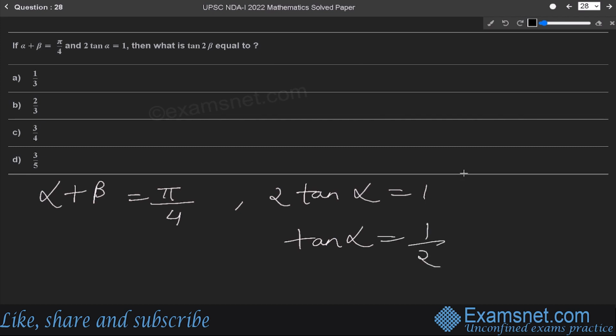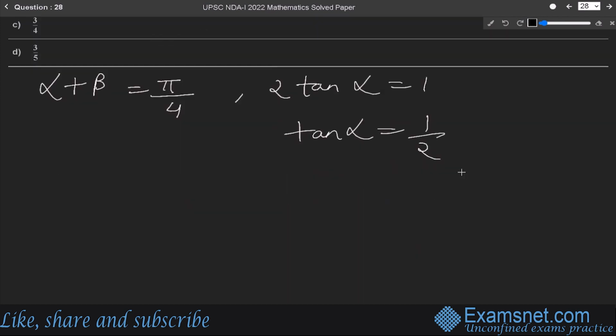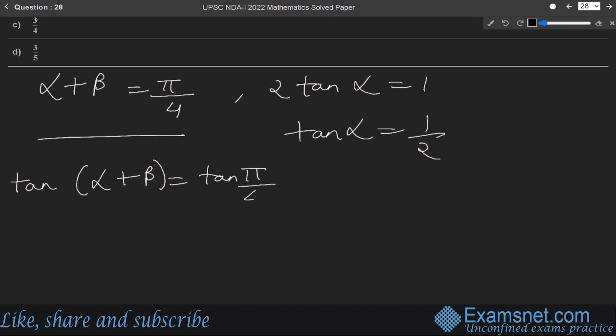Clear? Now taking tan on both the sides of this part, we get tan(alpha plus beta) is equal to tan(pi by 4). What we have done is we have put tan on both the sides.